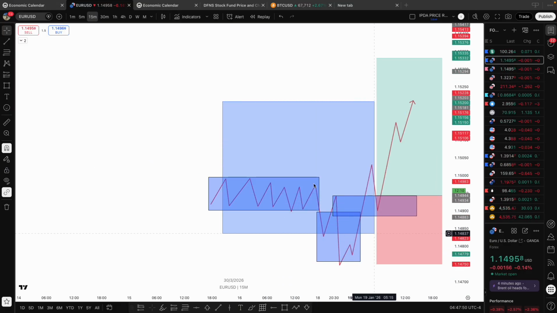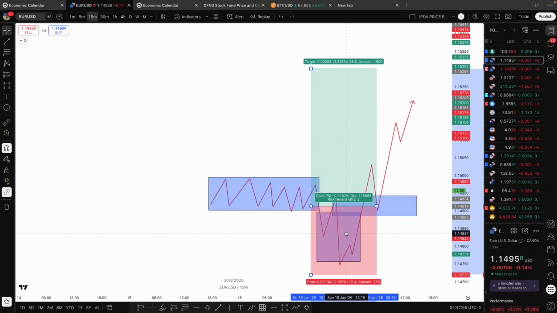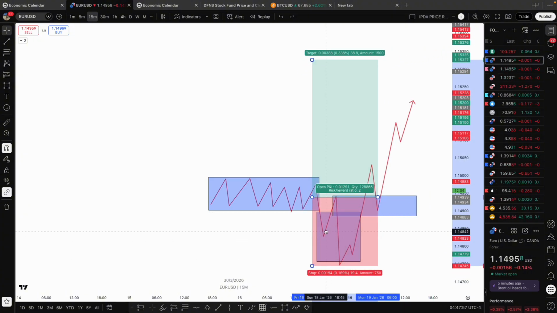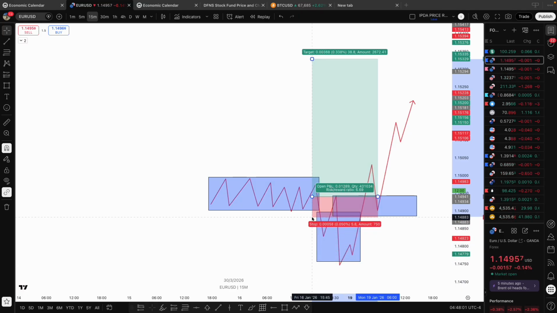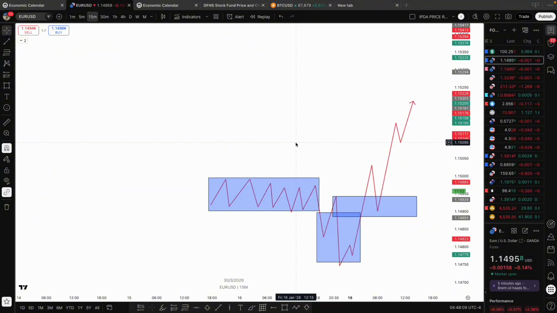And why is this crucial? Because if you're long but entering in the accumulation phase, and your SL was maybe on this low, you would have been stopped out before you took 2 risk reward to your TP. And that's the reason why it's important to know in what phase you're entering.